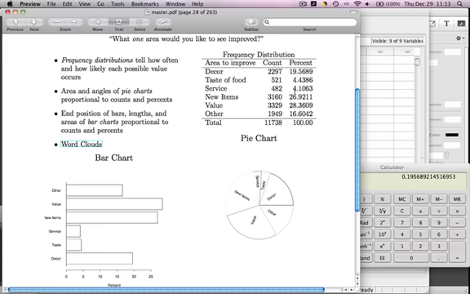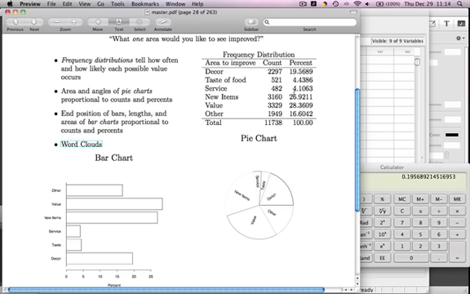One way is that the lengths of the bars as well as the areas in the bars are all proportional to these counts as well as the percents. So for example, we see the value bar is much longer than the service bar, indicating more people checked value than service. And if we go over to our table, sure enough, 28% checked off value, only 4% checked off service.